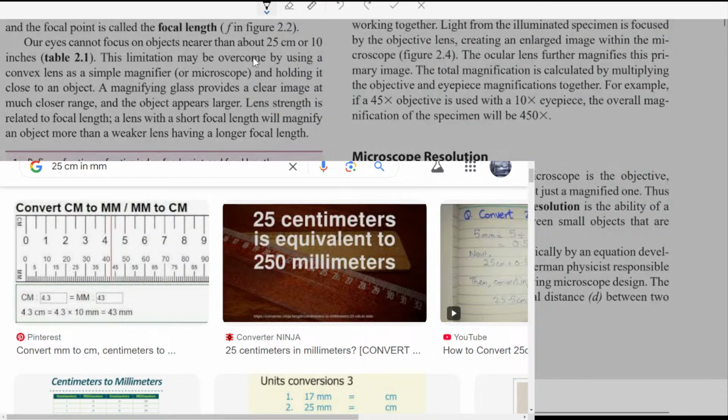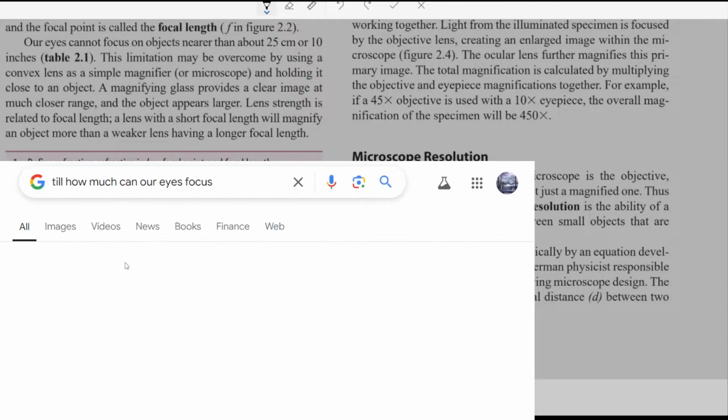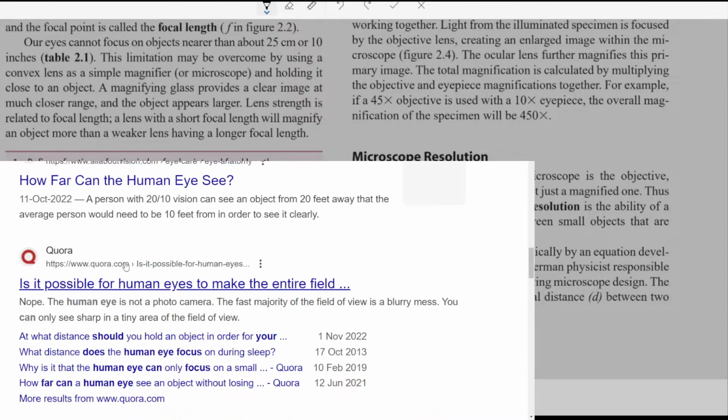Whatever, if they say it, say it. No. Why will I believe this? Till how much can our eyes focus? Look at this. They are telling me myopia. Let's see how much they.